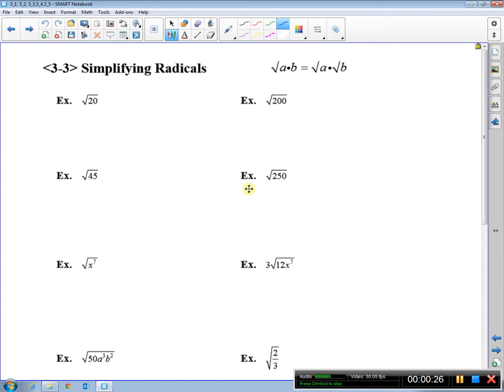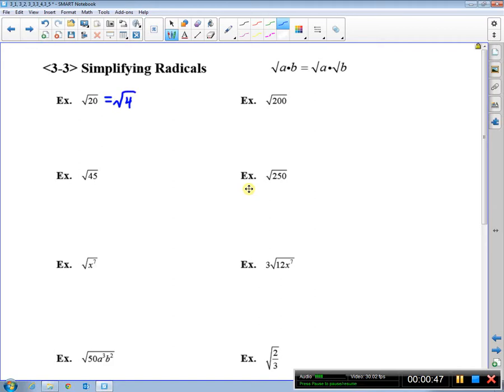So let's start with the first question, the square root of 20. Looking over these, they're mostly square roots, a couple of cube roots. So the square root of 20 is typically broken down. A lot of times teachers will teach that you're going to break it down into a perfect square.